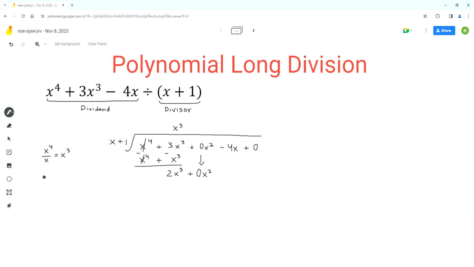Now we have to cancel out 2x cubed. We divide 2x cubed by the first term in the divisor, which gives 2x squared. This is our second term in the quotient. Now we multiply this quotient term by the divisor. 2x squared times x is 2x cubed, and 2x squared times 1 is 2x squared.